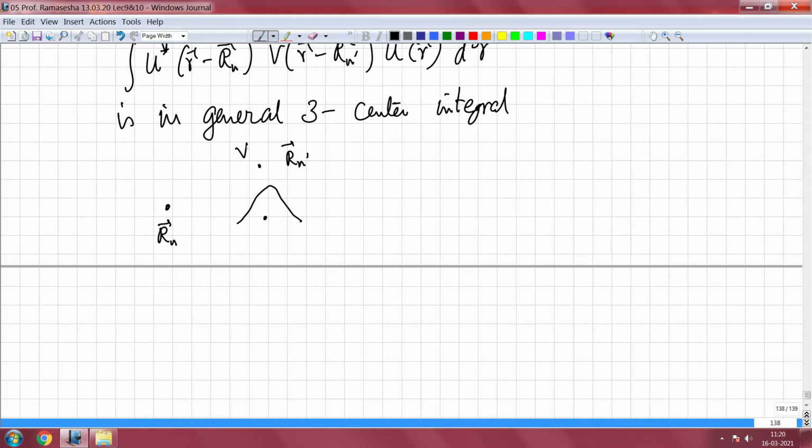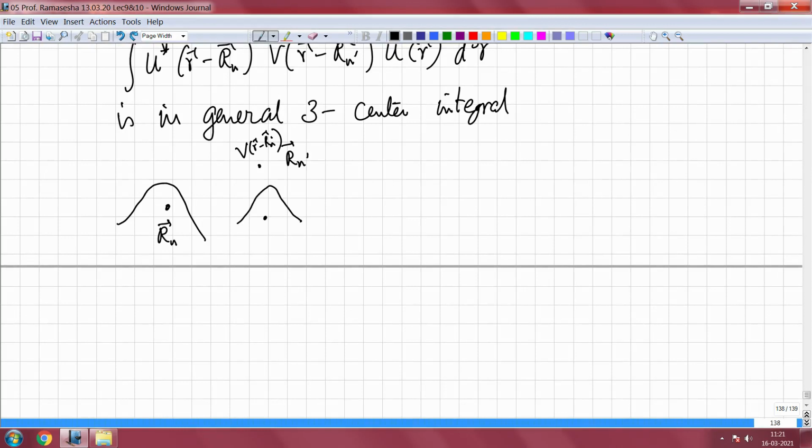The potential is actually attractive, so I do not want to draw it, and then you have another orbital at this point. So, now you see that the integrand involves multiplication of this function on r n, multiplication of another function at the origin, and the multiplication with the potential which is from a different site or different atom.